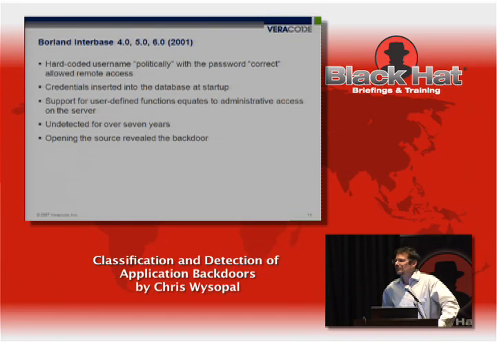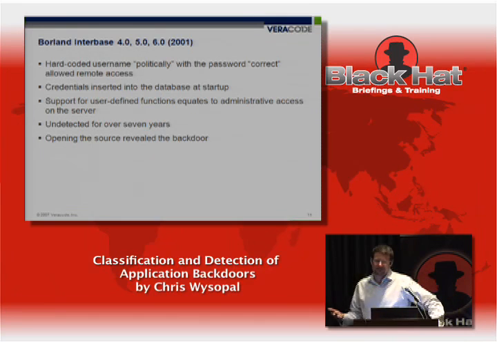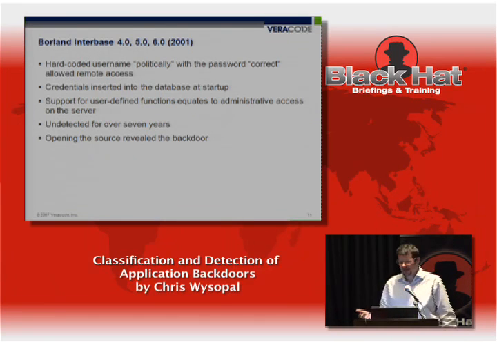What the person who put this backdoor in did was, whenever the database started, it went and checked and inserted a special credential into the password store. And if you knew this special password, it ended up being username politically and password correct, you'd have administrative access to the system that this was running on. And so this lasted for over 7 years in the software.